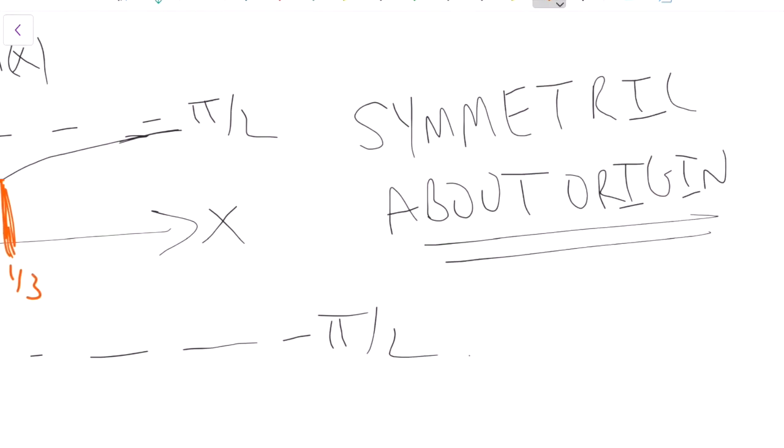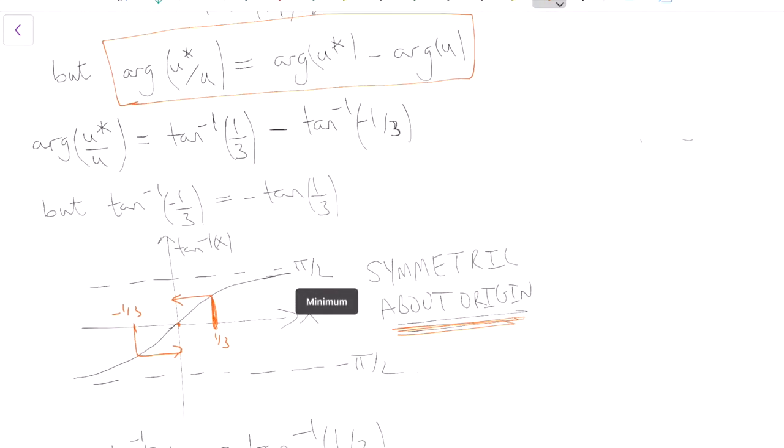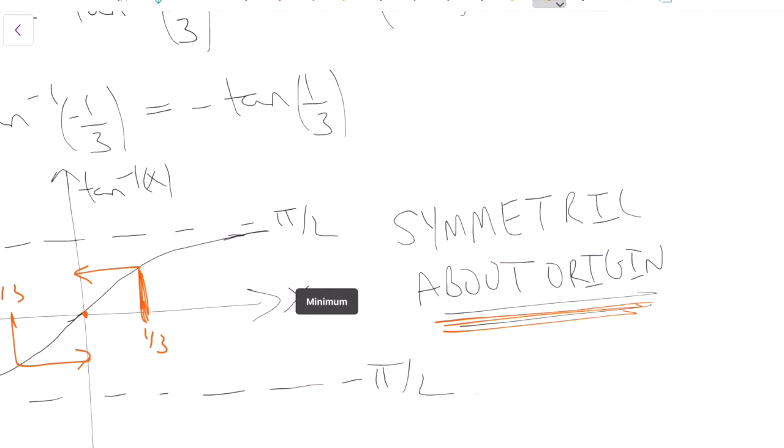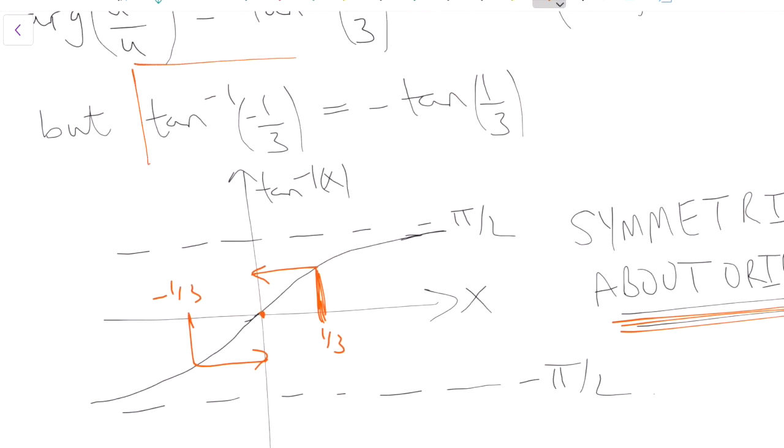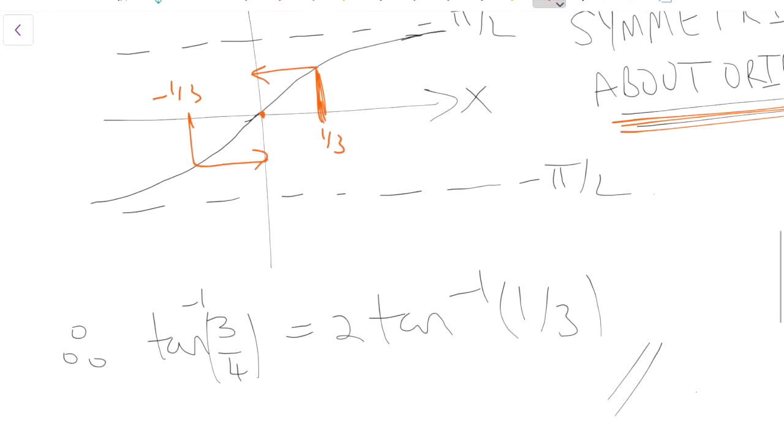The graph is symmetric about the origin, which is the same as saying that the function is an odd function, which proves this relationship. So then we obtain our proof that tan inverse of 3/4 is twice tan inverse of 1/3.